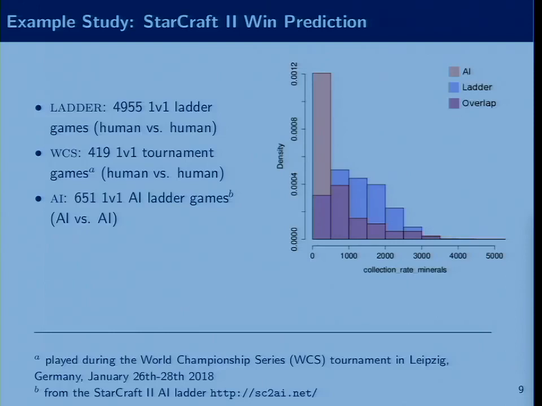We collected 3 data sets, one from the ladder, so that's the normal people playing. We got the World Championship Series, so that's the pro players, and an AI ladder. We certainly didn't get the DeepMind plays, but it's something.